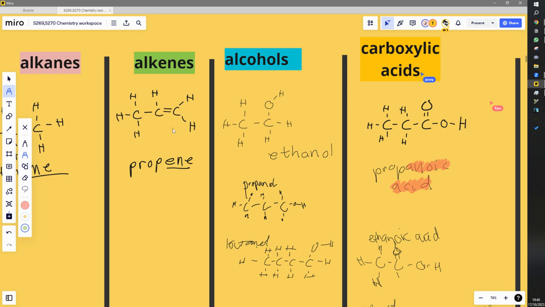The name of the homologous series is it alkanes, alkenes, alcohols, carboxylic acids, and esters. So that's the functional group because that's what makes it an alkene. That's the functional group because that's what makes it an alcohol. That's the functional group because that's what makes it a carboxylic acid.